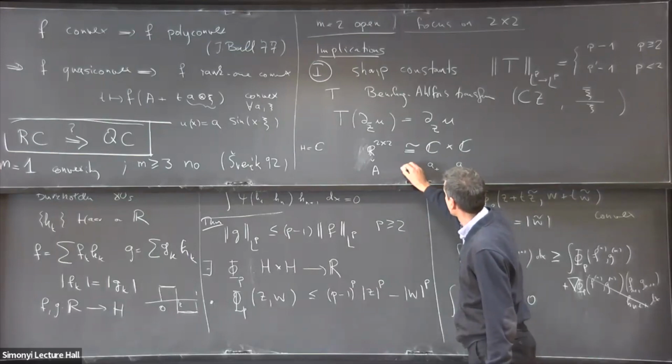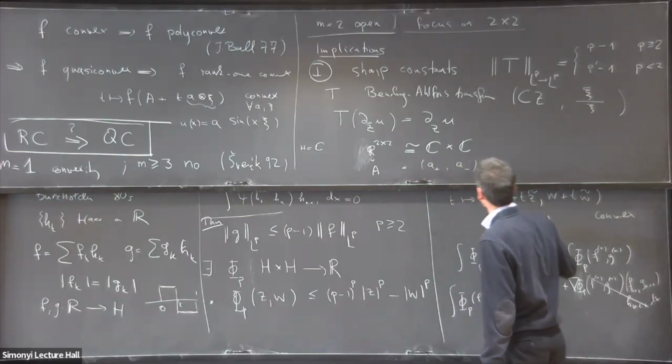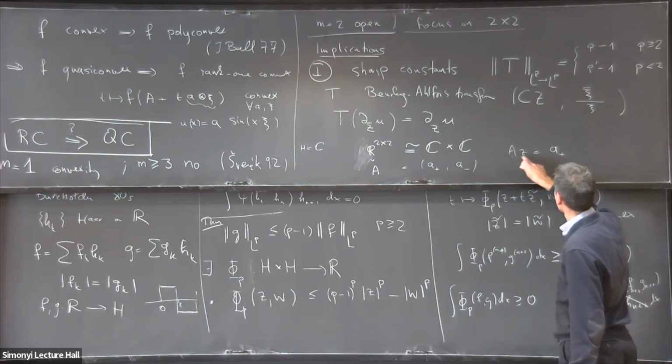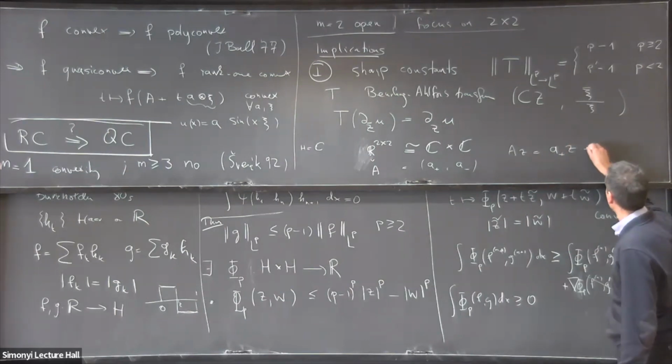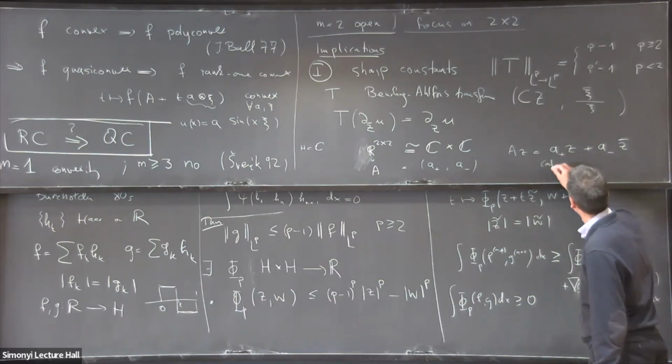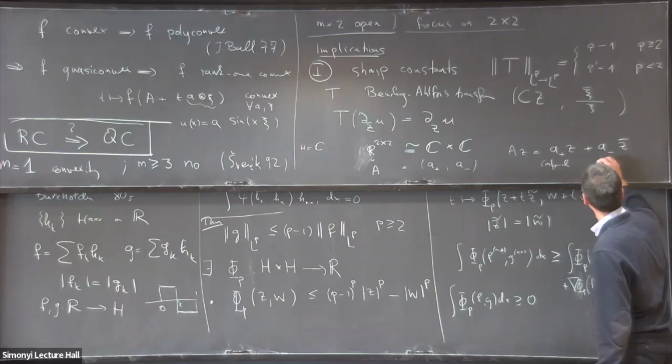So the matrix A corresponds to a pair of complex numbers by the definition that its action on a 2 vector is the complex multiplication with Z and the complex multiplication with Z bar. This would be the conformal projection of A, and this is the anticonformal.